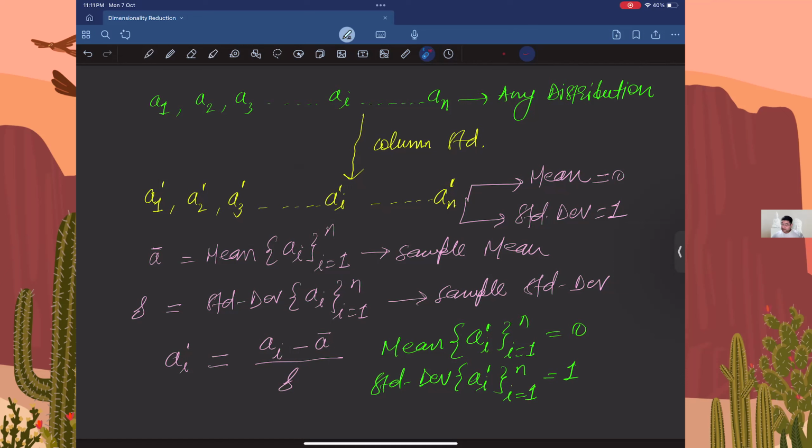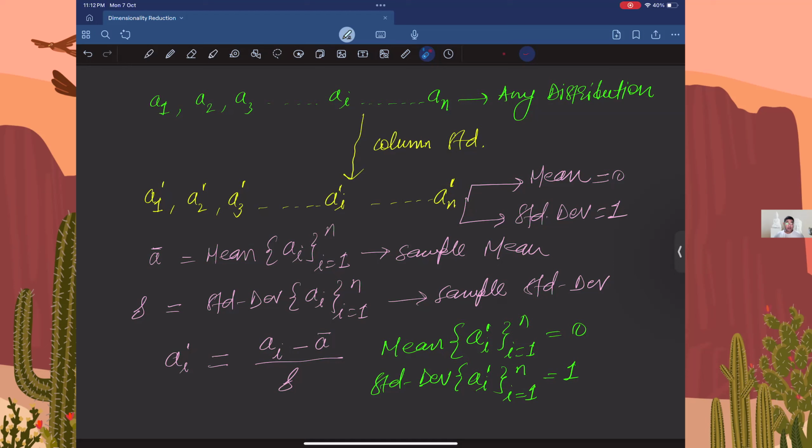After that, this A bar is basically the mean of A_i, that is the mean of all these A's where i is equal to 1 to n. And this is my sample mean, not the population mean.